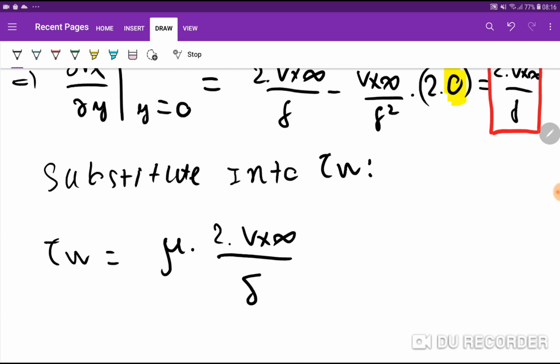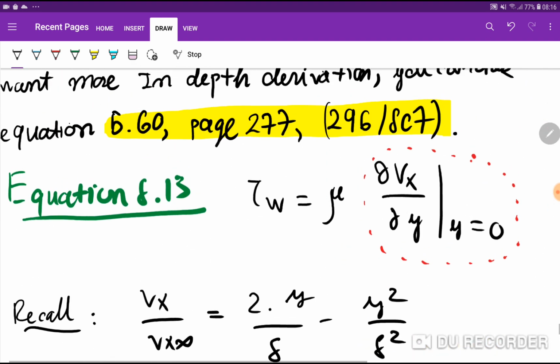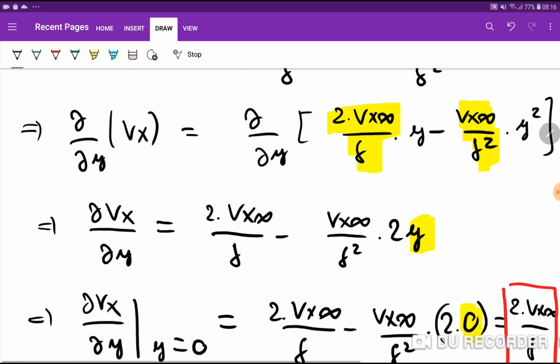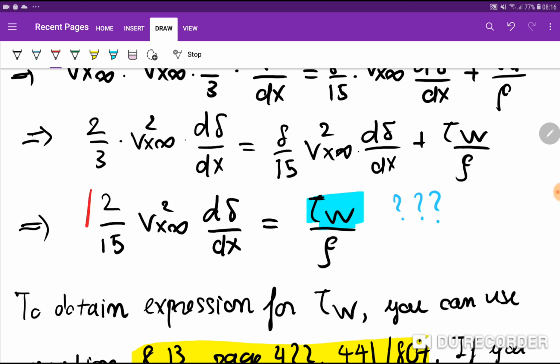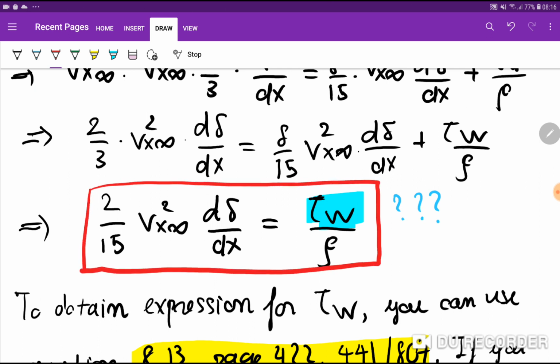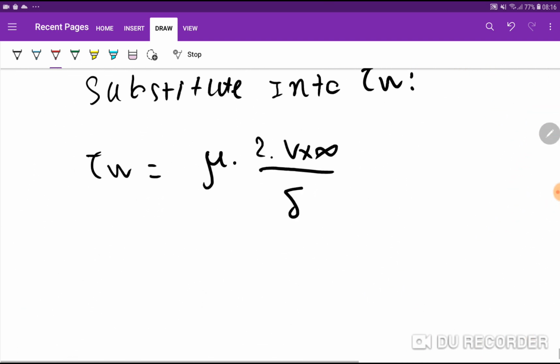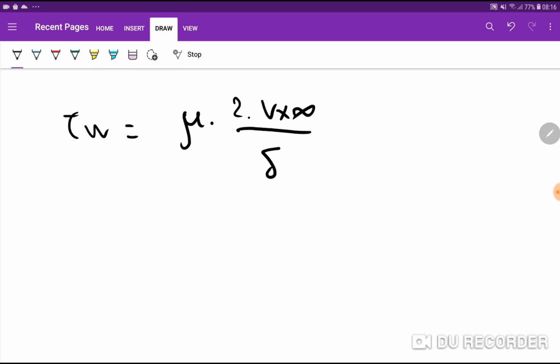Okay, so go back to our equation. What will we arrive at? This is our equation above: 2 over 15 Vx infinity squared times dδ/dx equals τw over ρ. So I will substitute τw in.